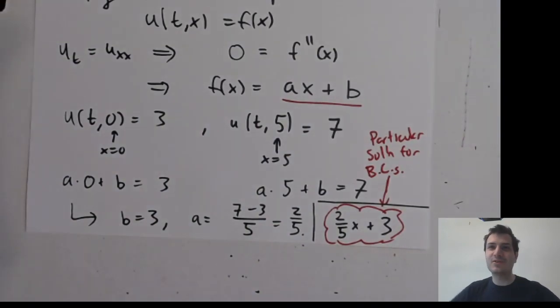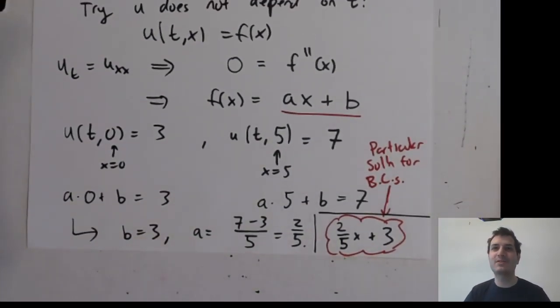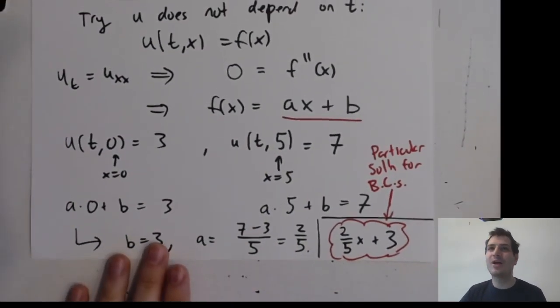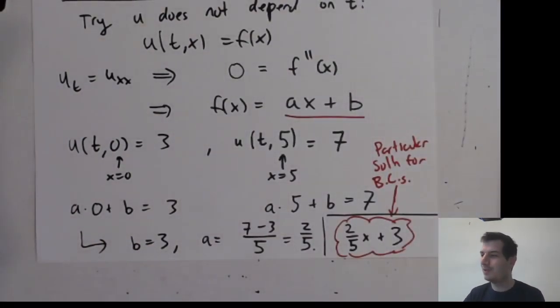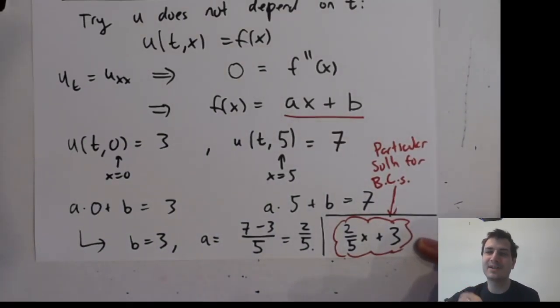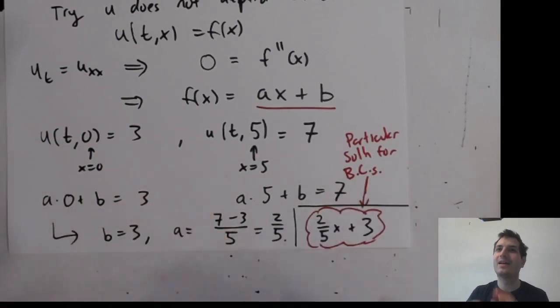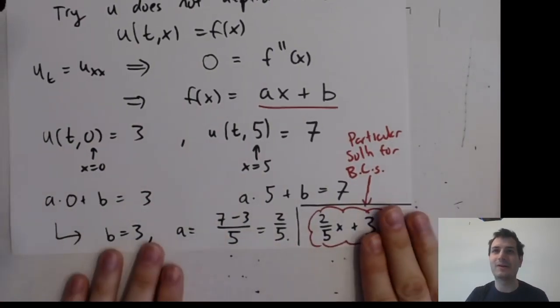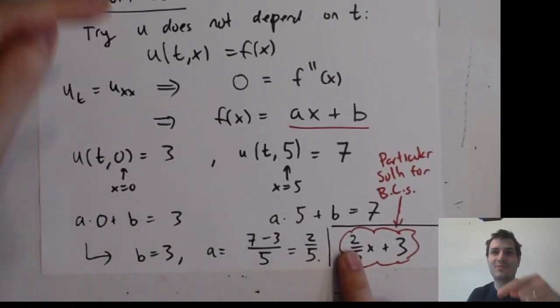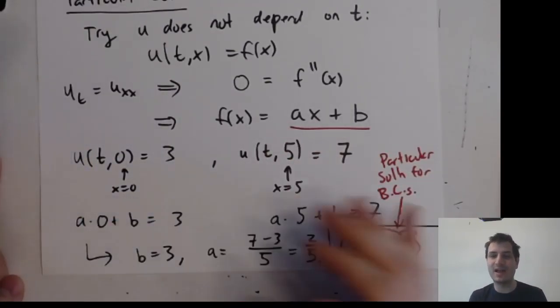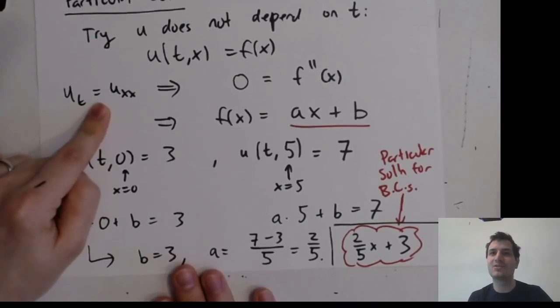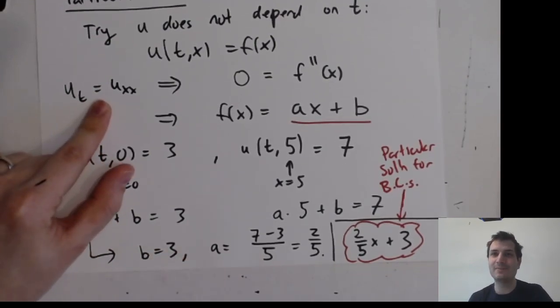So we found a particular solution that matches these non-homogeneous boundary conditions. If somebody gave you a harder problem with these, you would find this, then you would have to do steps 1 and 2 like we did before. So this kind of thing, finding easy particular solutions and then adding them on, reduces down to what we were doing before. With non-homogeneous boundary conditions, this line thing always works in the heat equation. So non-homogeneous boundary conditions are pretty easy.